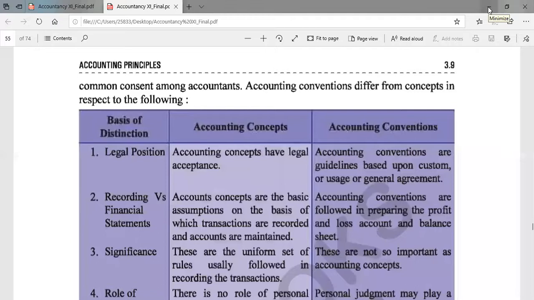When we say cost concept, the historical cost concept is basically talking about recording of all the transactions which are related to the purchase of fixed assets, right? So every time that we are purchasing any fixed asset, we are going to record it at the purchase price minus depreciation that we are going to charge every year, right?